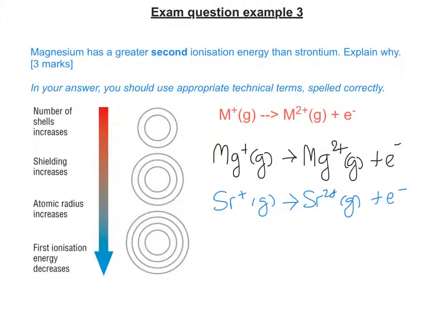What we've got to think about is what might cause this value to be higher for magnesium.